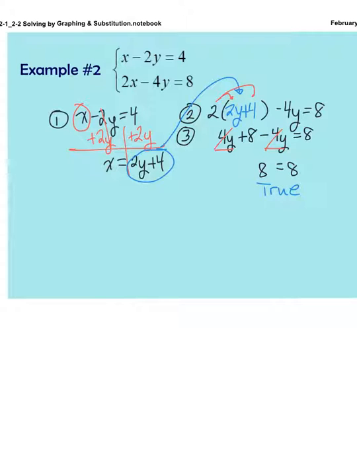If you have a true statement, it means that you have a solution. And so out of those two, parallel lines versus coinciding lines, if you have a solution, then it has to be coinciding lines. So coinciding lines have infinitely many solutions.